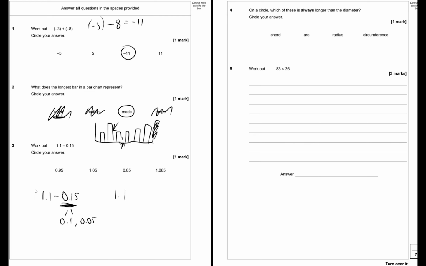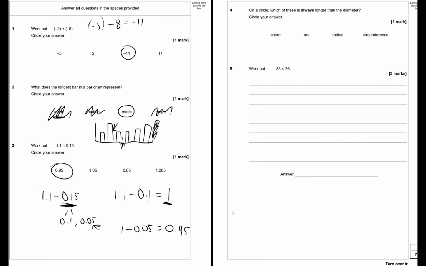So 1.1 minus 0.1, what does that give you? That will leave you with just 1. But now we've got to remember to subtract this bit. So now we need to do 1 minus 0.05, and that is going to give you 0.95. So the answer is this one.